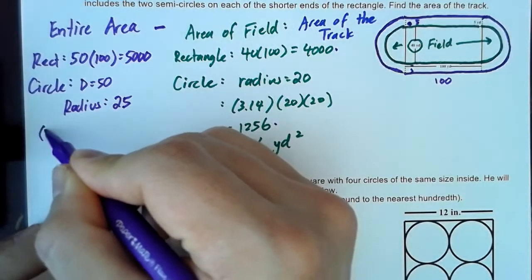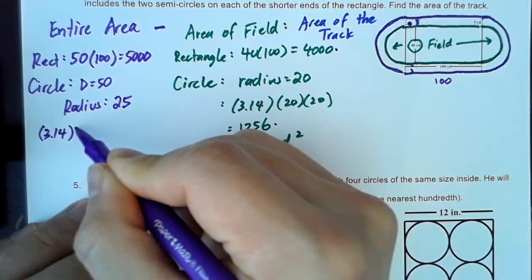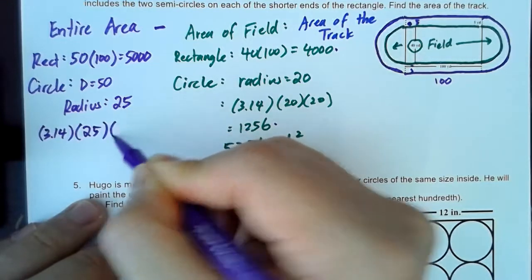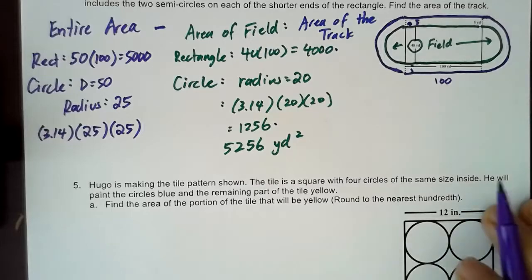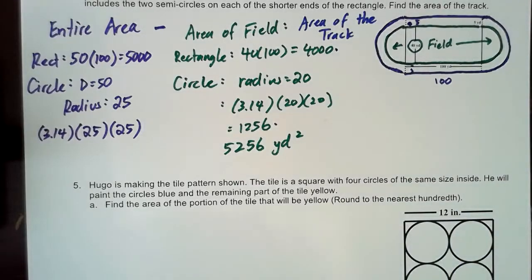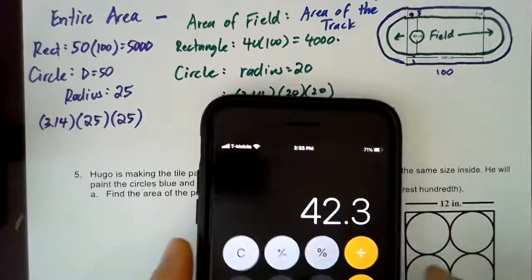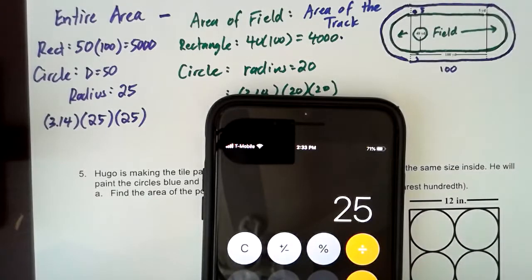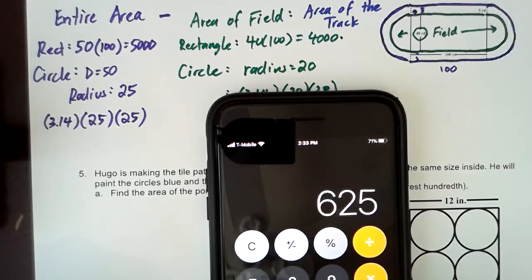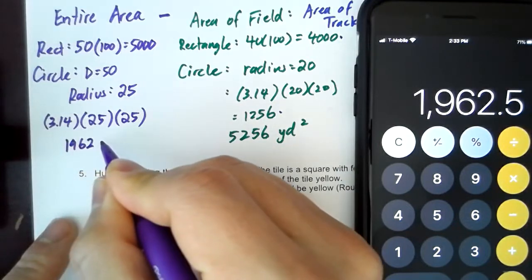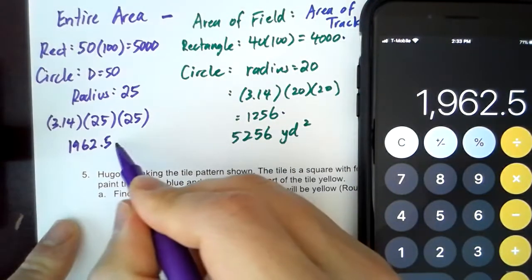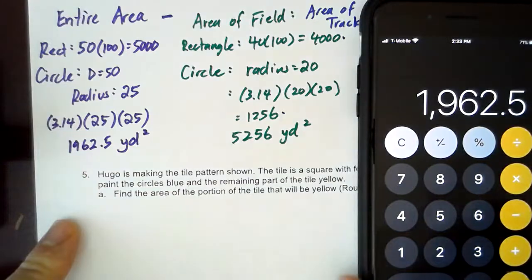So we know it's pi, which is 3.14, times 25, times another 25. That's pi r squared. So go ahead and use your calculator here, and you get 25 times 25, 625, times 3.14, and that gives me 1962.5. This is in yards squared.